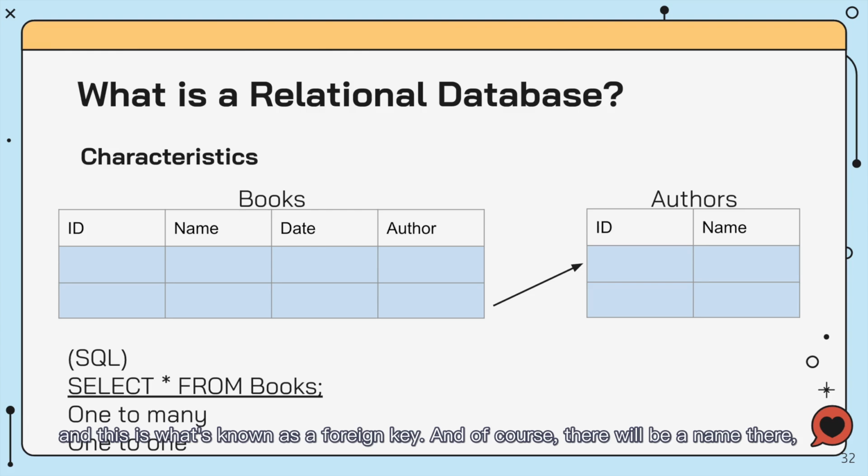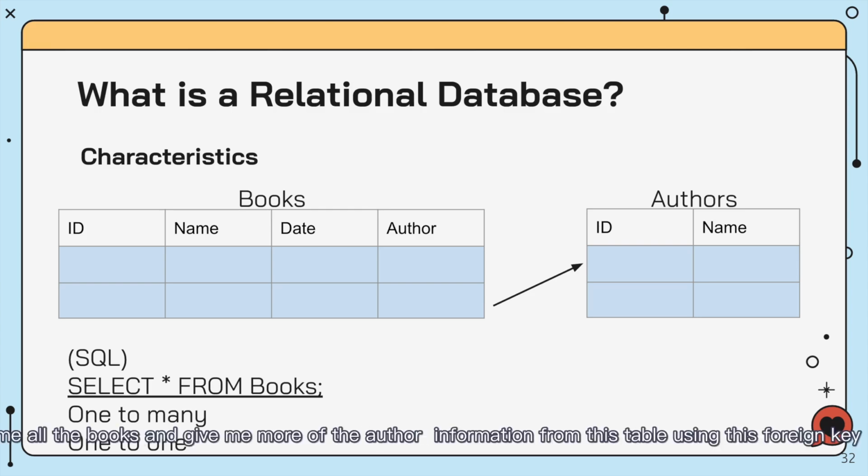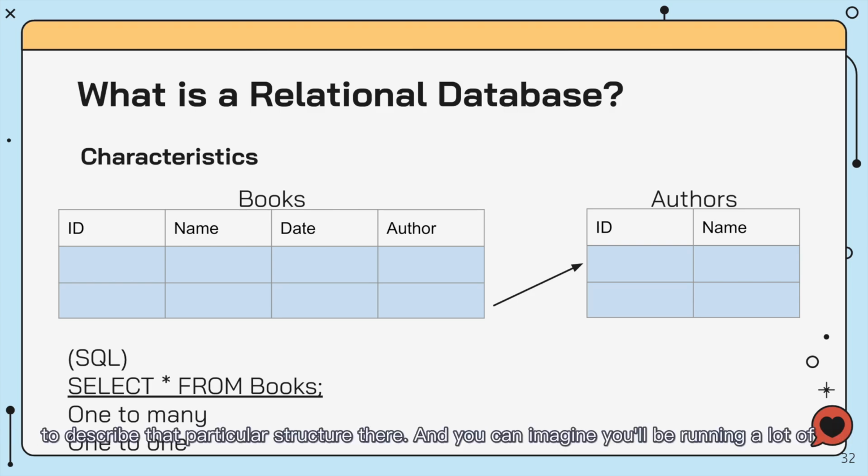This is what's known as a foreign key. So when I do my next query, I can reference both these tables and say, hey, give me all the books and give me more of the author information from this table, using this foreign key to describe that particular structure.